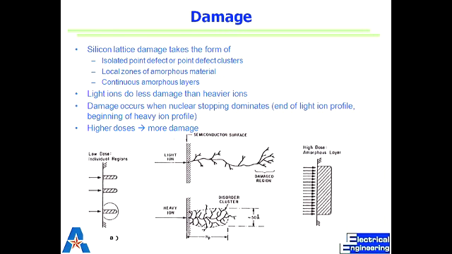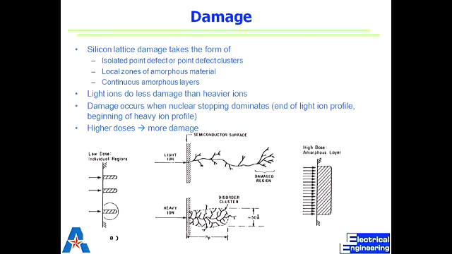But if it is a heavy ion, it's going to result in a big area of defects. In this case, it's 50 angstrom, 5 nanometers wide. So if your channel length is tens of nanometers, and you have 5 nanometers of that defected, you can imagine how the device would behave.